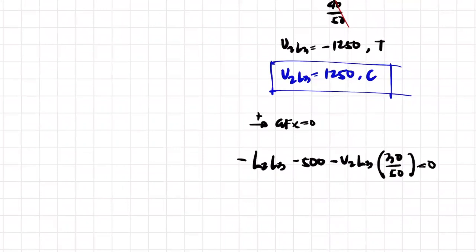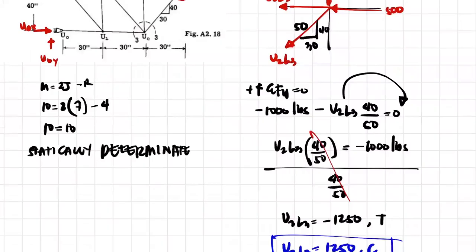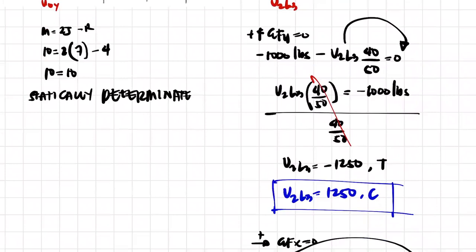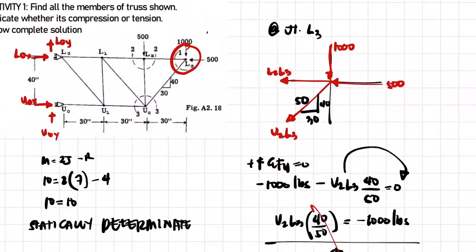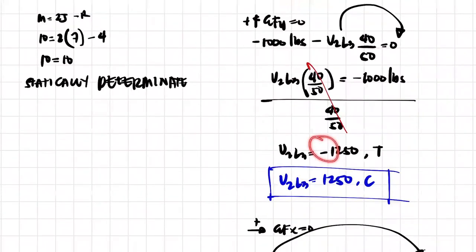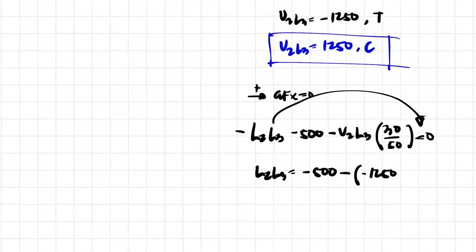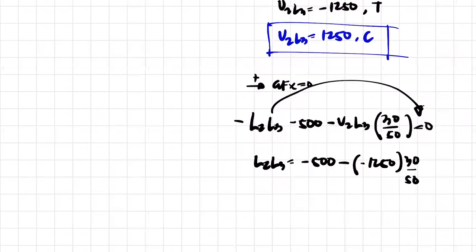So L2, L3 is what we are looking for. We transpose to the other side: L2, L3 minus 500 minus U2, L3 in tension. That means the value you use is negative 1,250, because you retained the tension arrow, away from the point. So negative 1,250 times 30/50.